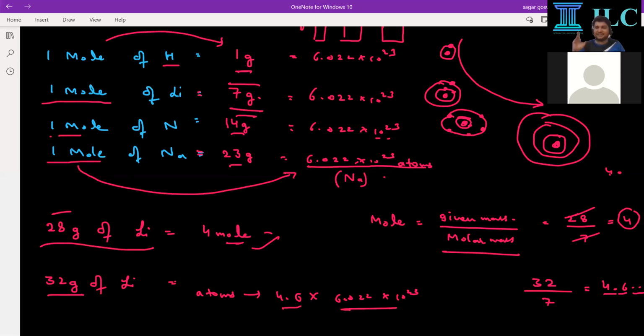Very simple. If I have asked you for 10 moles, you have to say 10 into 6.02 into 10 to the power 23. If you know the number of moles, just multiply it by Avogadro number. Number of moles into Avogadro number, you will get the total number of atoms.